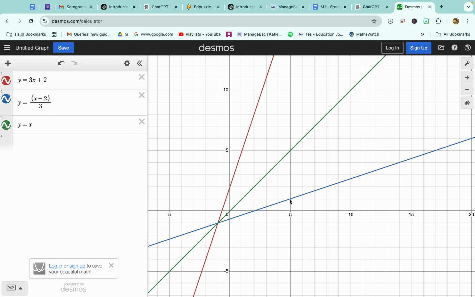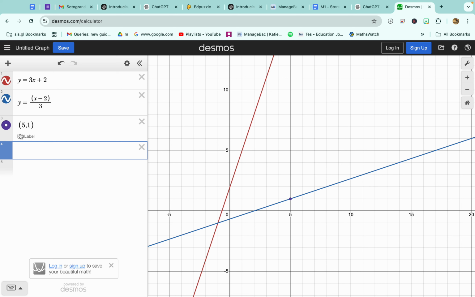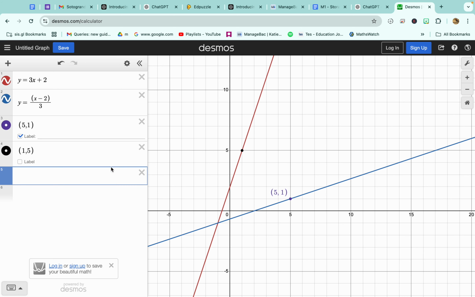And this is also really special because if we get a point like, you can think of them as opposite operations from each other, because if you pick a point 5, 1 here, and then we reverse the points around 1, 5, we can see that both 5, 1 and 1, 5 have a same corresponding distance from the y equals x line.